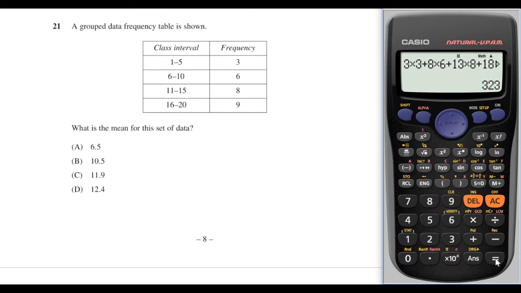If we divide this value by the total frequency, we have an estimate for the mean of approximately 12.4.